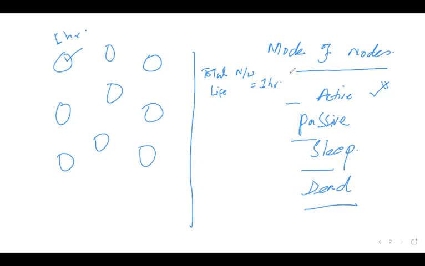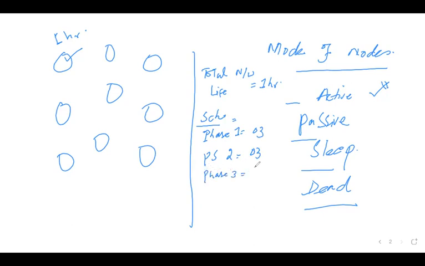But now if we manage that only some devices will be active, for example, in the first phase, that is the scheduling mechanism, that we schedule these nodes so that in phase 1, 3 nodes will be active. In phase 2, the next 3 nodes will be active.